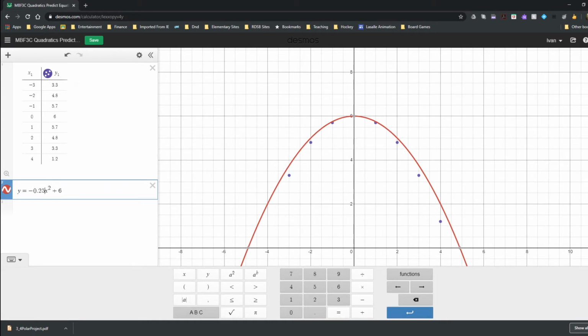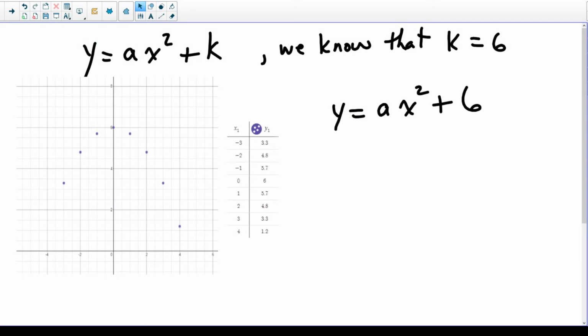So how do we figure out exactly what the number should be? That's what I'd like to discuss with you today. As long as you're given the graph or the table of values, and you know where the vertex is, we are able to put in our k value.